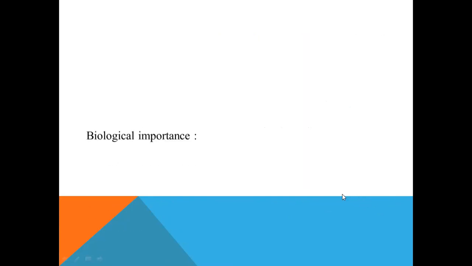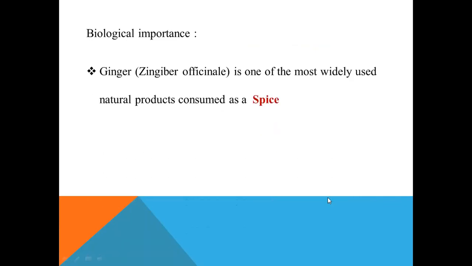Next, coming to the biological importance of gingiberine. As we already know, ginger that comes from Zingiber officinale is one of the most widely used natural products consumed as a spice. Everybody uses ginger. It can be used in vegetable curries as well as non-vegetarian curries.